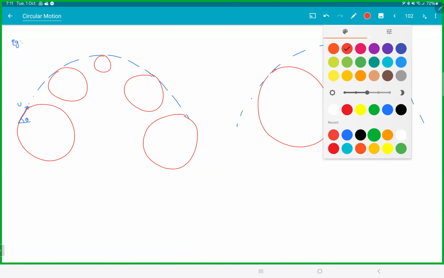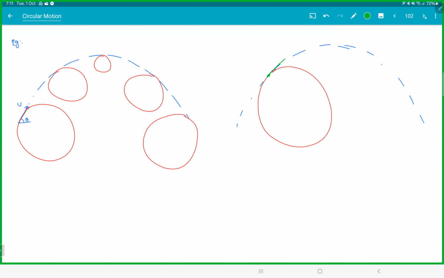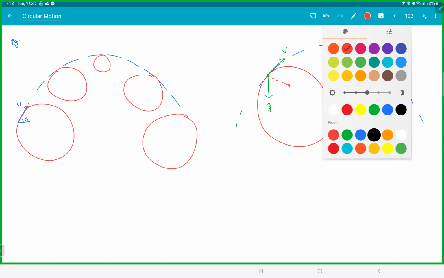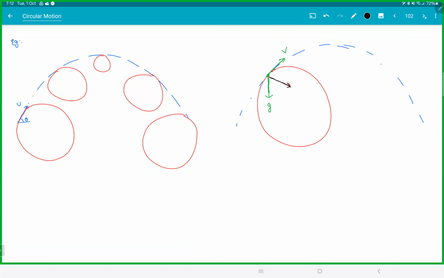If this is a part of a circle, this is your velocity, this is your gravity, isn't it? Gravity is always acting down. That means you can resolve this gravity into two parts now. Remember, this angle is alpha. This will be g cos alpha, and this will be g sine alpha. So g cos alpha is your a centripetal.